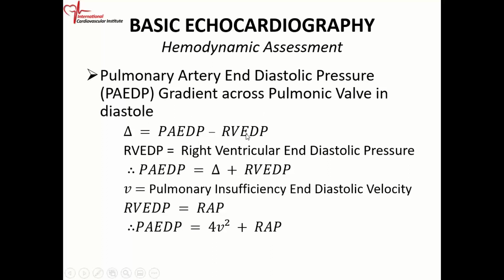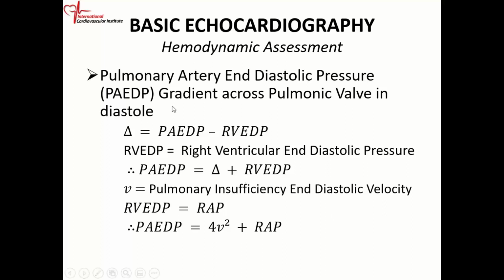And blood is going to flow from the pulmonary trunk across the pulmonary valve into the right ventricle. So this is the gradient, and that gradient is equal to 4V squared. We already know that.